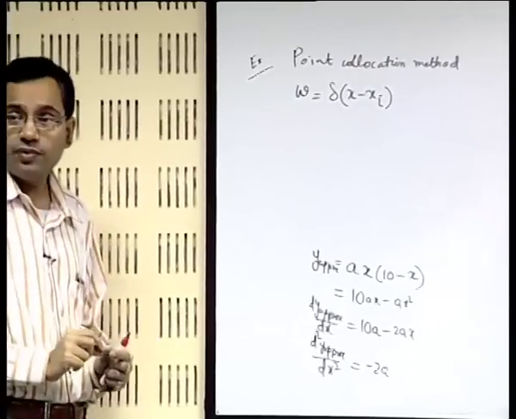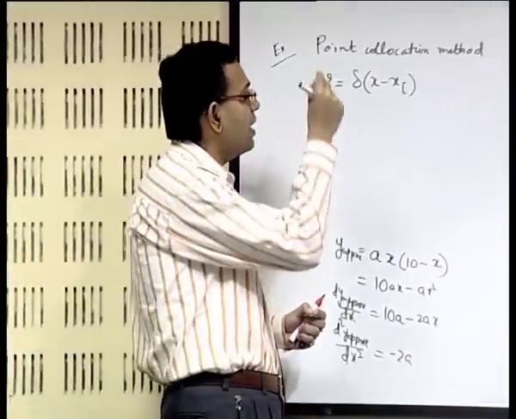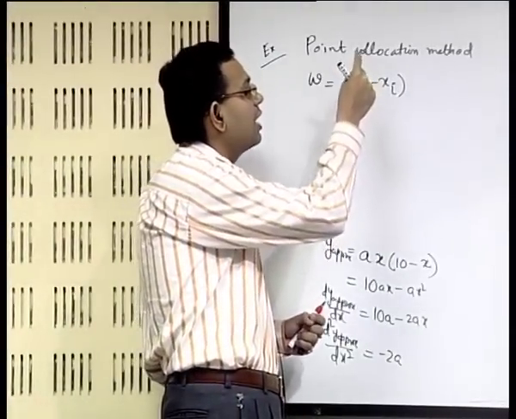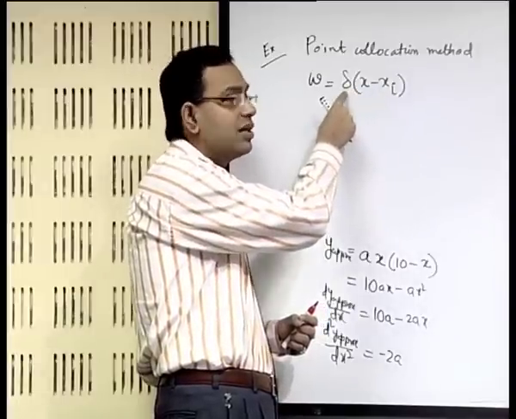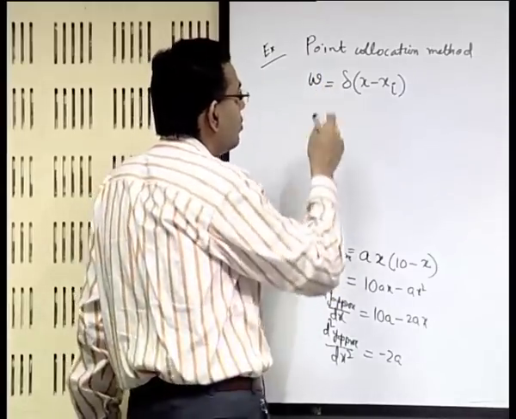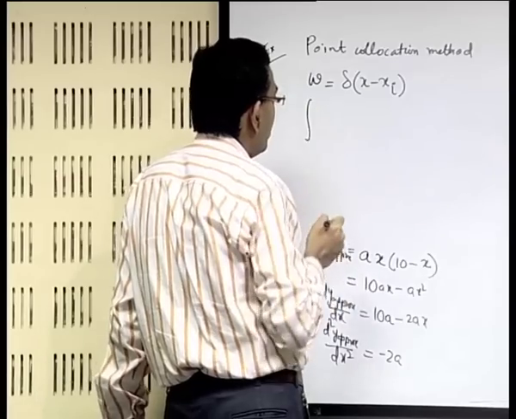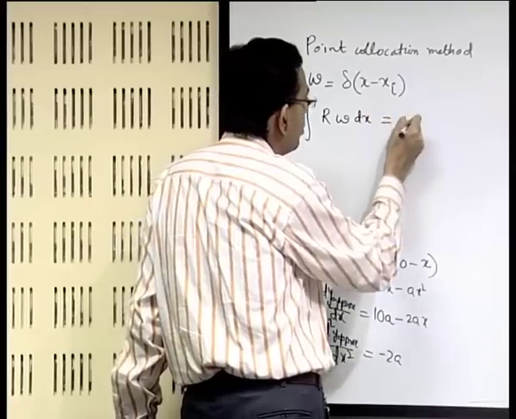What is the whole idea? The whole idea is that you try to satisfy the value of the function at some chosen points given by x equal to xi. So, this is the delta function. So, when you have this one, then what is the result of the integral? So, you have integral r w dx equal to 0.